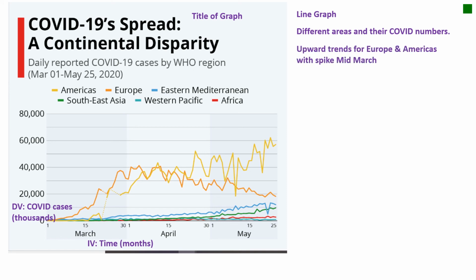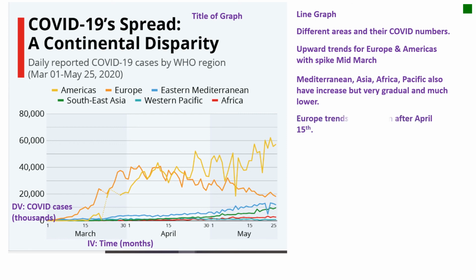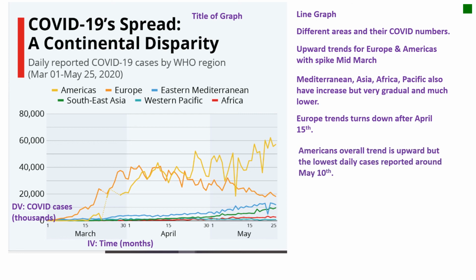Hopefully you noticed that there were upward trends for Europe and the Americas with a spike in mid-March. You saw that the Mediterranean, the Asian, the African, the Pacific also have an increase, but they have a much more gradual and much lower. Hopefully you also noticed about April 15th that Europe turned downward while the Americas kept moving upward.